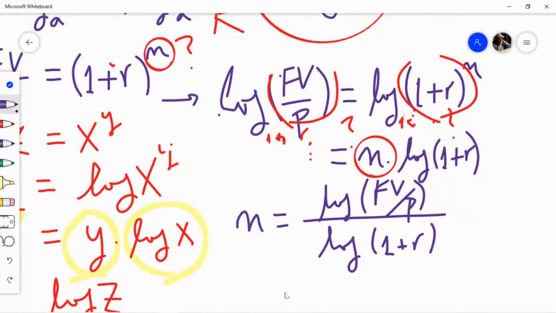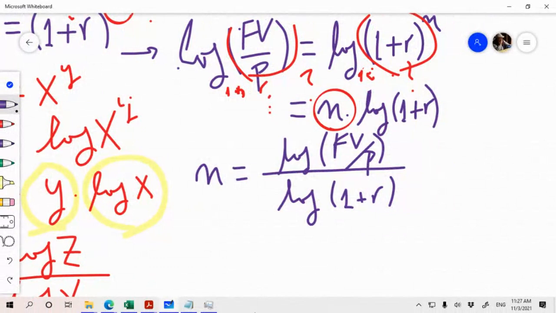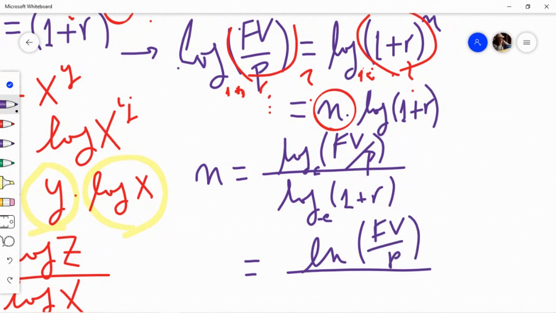So basically, the log we are going to use is going to be natural log, which can be rewritten as base e, right? So it's going to be natural log of FV over P, over natural log of 1 plus r.